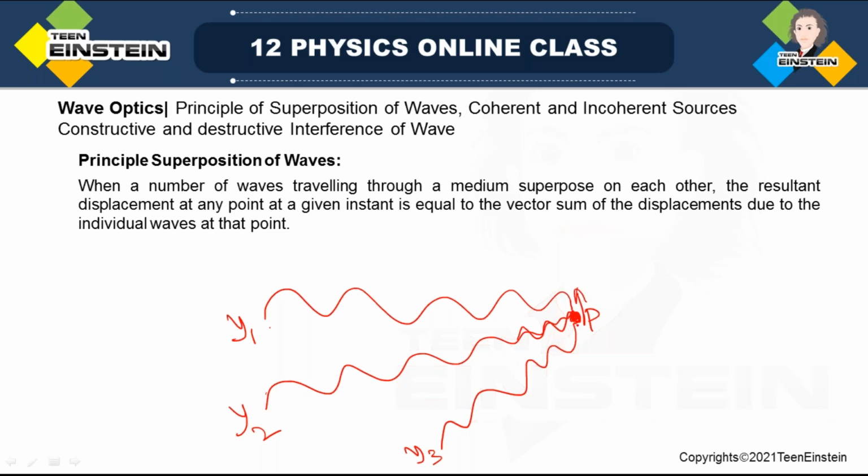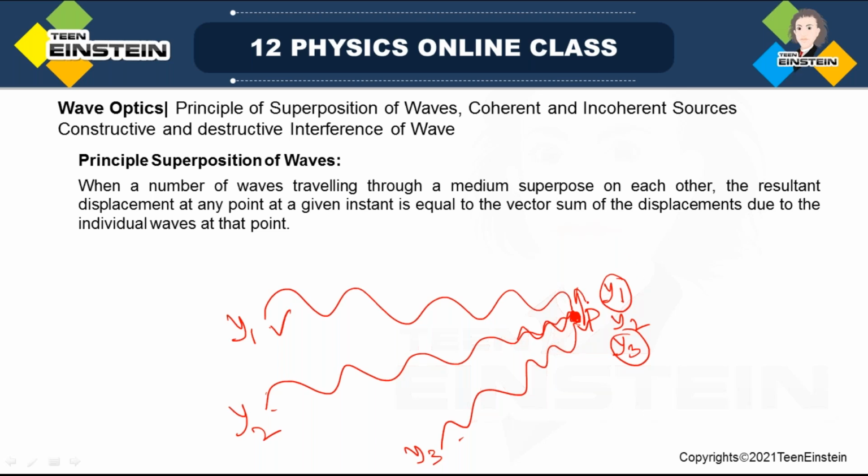This particle will be displaced by this wave by y1, this wave by y2, and this wave by y3, as if they don't see the other two. Each individual wave will displace this particle in its own way. They don't see the effect of the others.